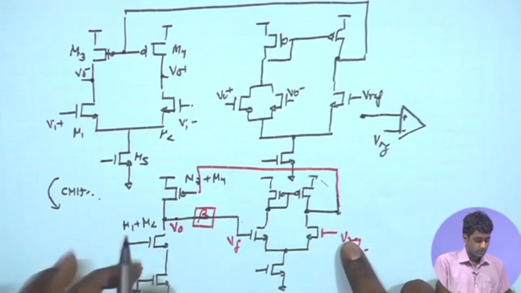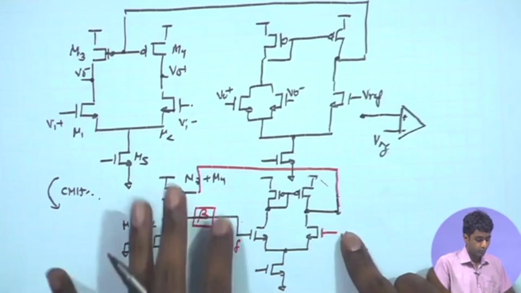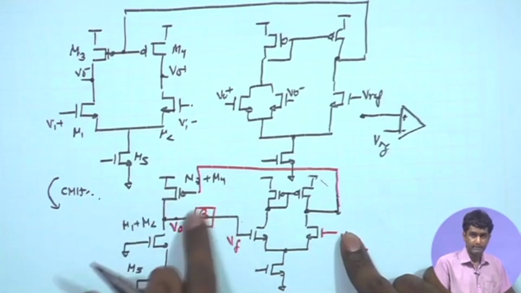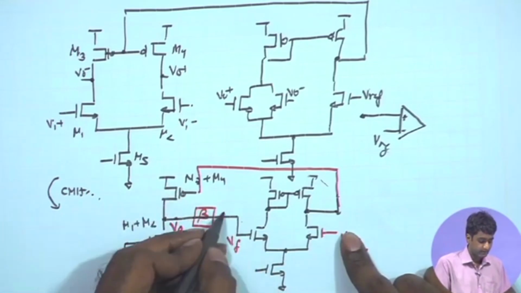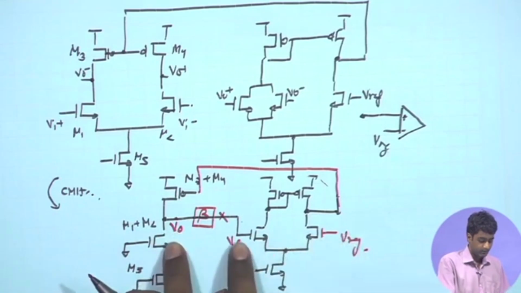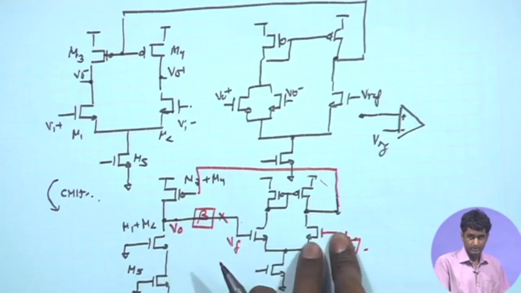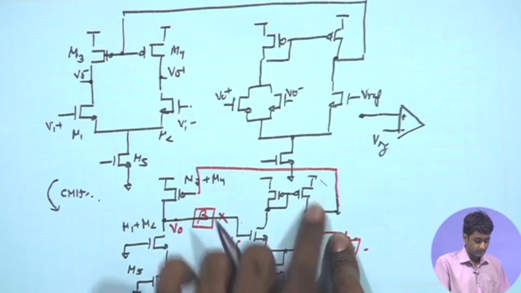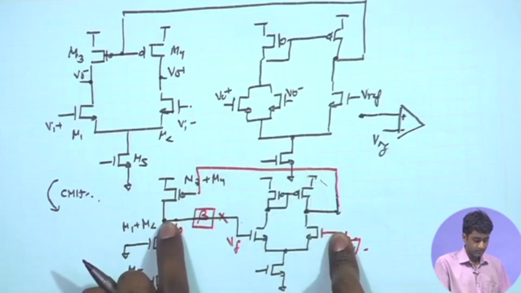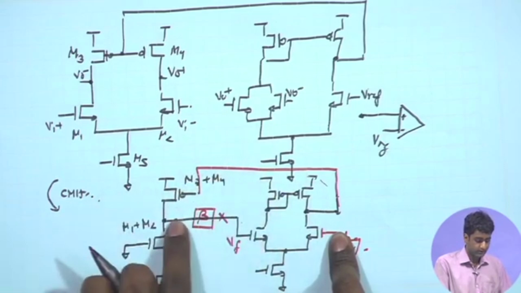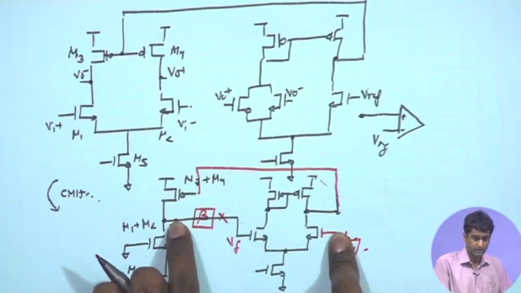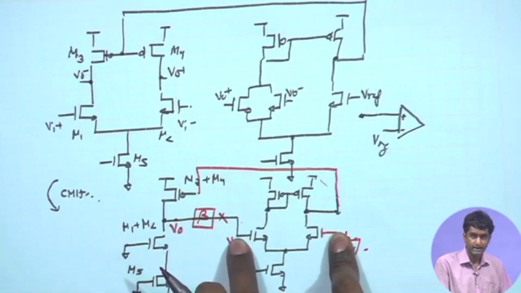So, now if we open this loop, assuming this sampling factor to be unity, we can say that you are having an input signal applied at the positive terminal, and the non-inverting amplified voltage signal coming back, which is finally applied at the negative terminal.